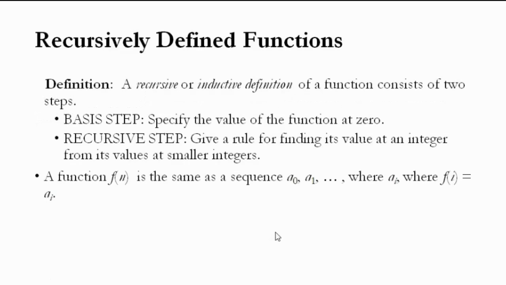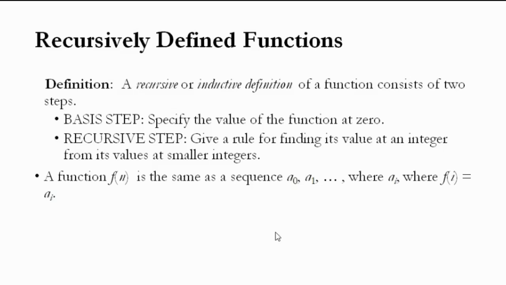Recursively defined function. A recursive or inductive definition of a function consists of two steps. The basic step specifies the value of the function at 0. The recursive step gives a rule for finding its value at an integer from its value at smaller integers.